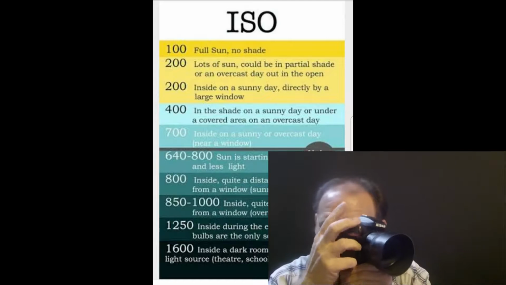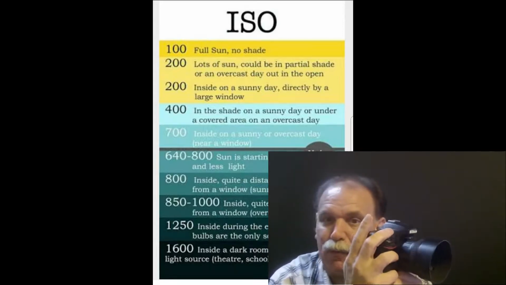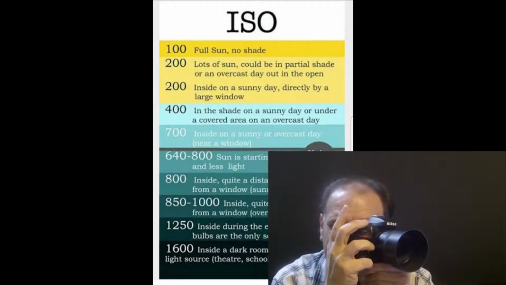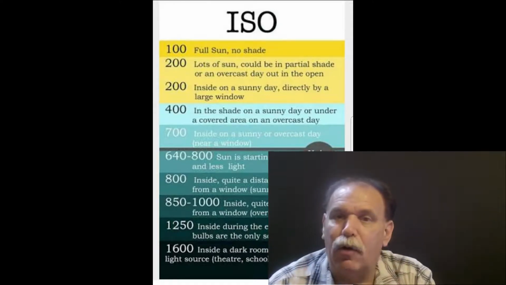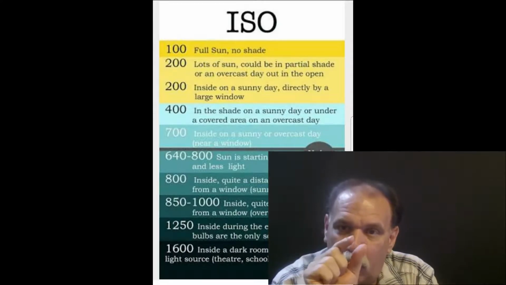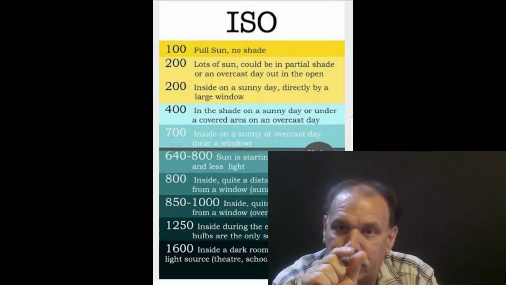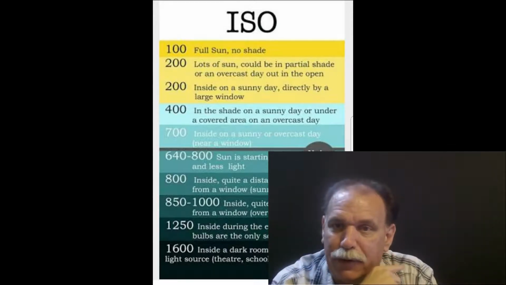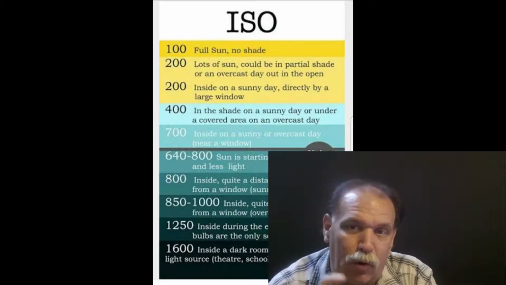So imagine, walk outside in a minute, point at a tree or a shady spot, and just gradually move your camera to a brighter light and watch that little meter move. And like I said, one of my newer Nikons actually tells you what ISO you're jumping from.